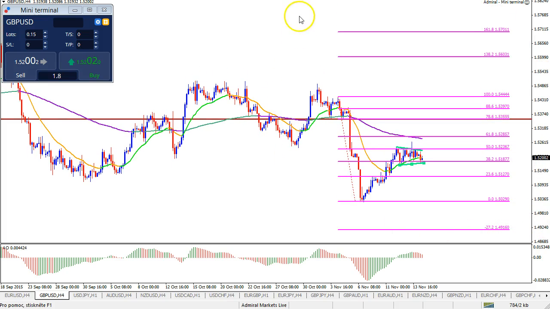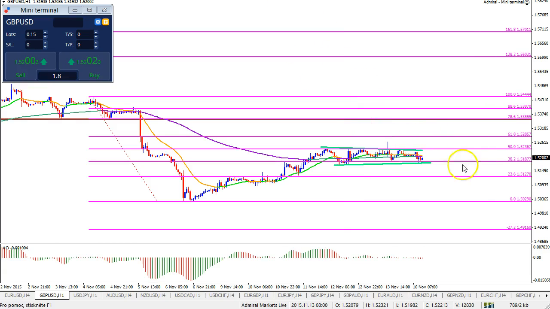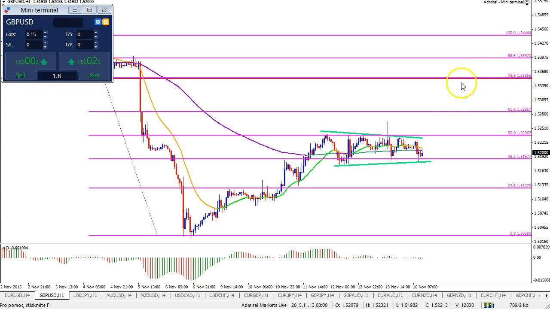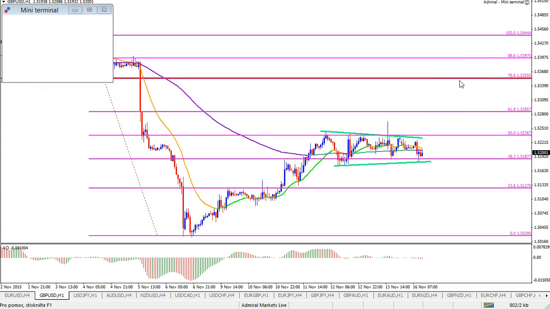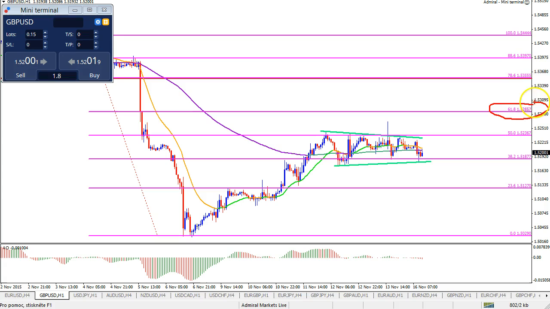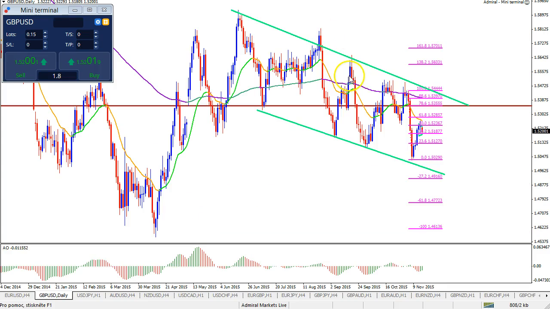If price does not break the support trend line, but instead breaks the resistance trend line of this trend, the 1.8 and the 78.6 fibs are still resistance spots, and price could turn back into that downtrend from those levels as well. If I zoom out to a daily chart, I'm not really expecting a break above 153.50.